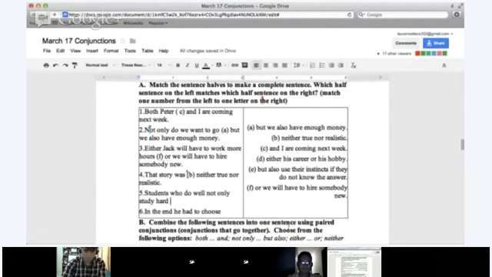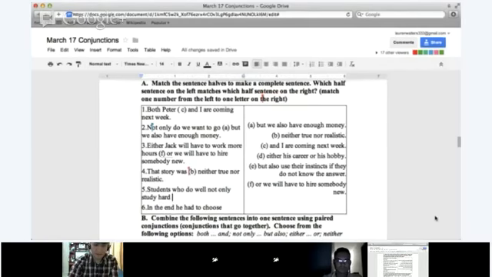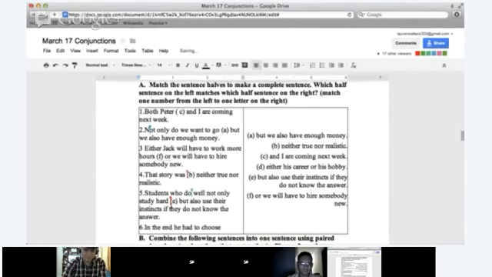And what about number 5? C. E. So students who do well not only study hard, but also use their instincts. Exactly. So I'm going to copy that. Exactly. That's perfect. And what about number 6?